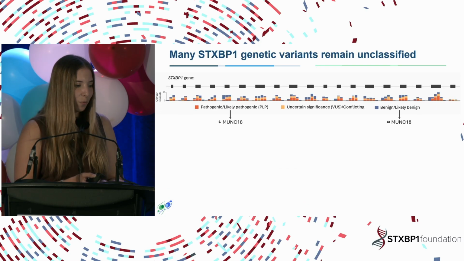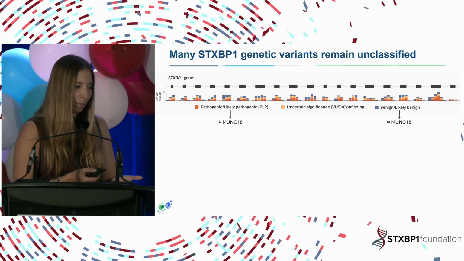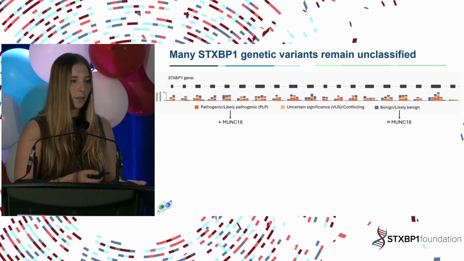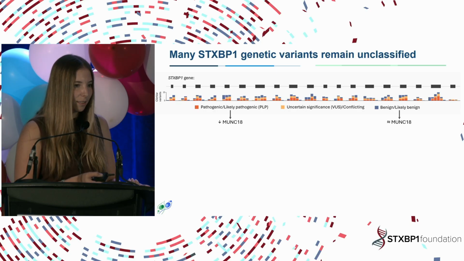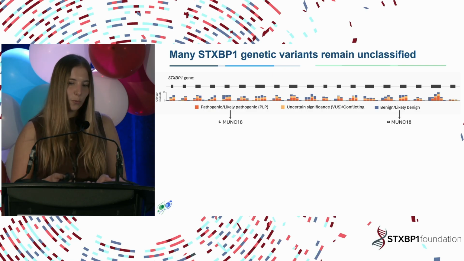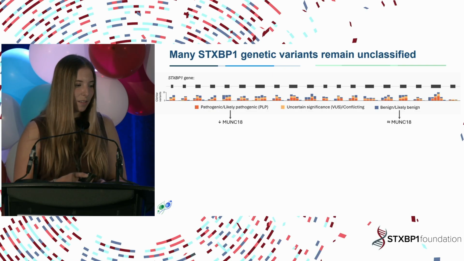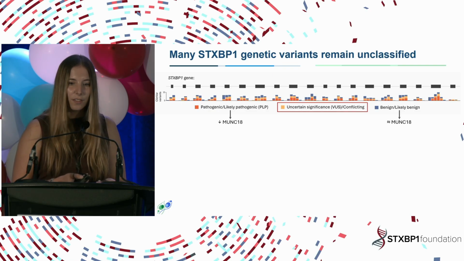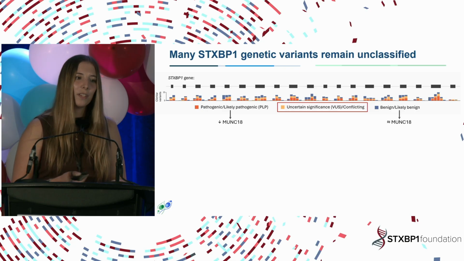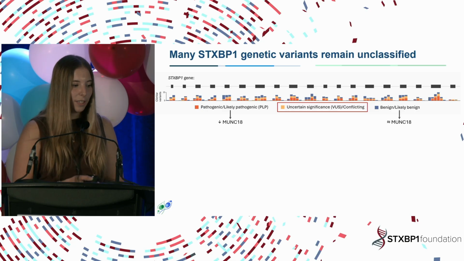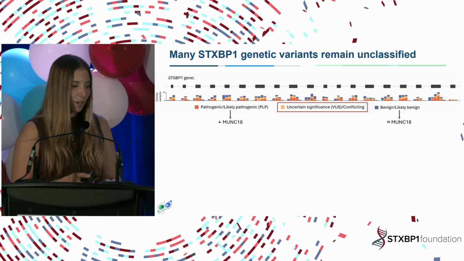So as I mentioned, we more or less understand what happens when a variant is pathogenic. We have a reduction in MUNC18 levels. We also more or less know what happens with benign variants, but with variants of uncertain significance, it's a bit unexplored. We really don't know what they are doing and where these variants are coming from.